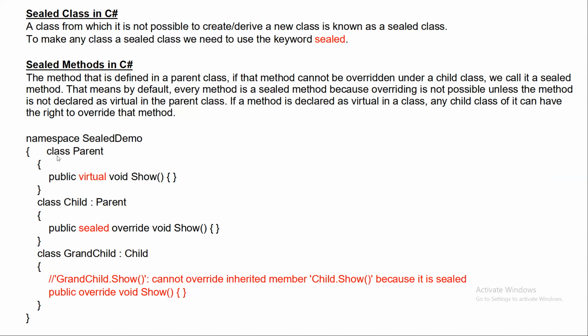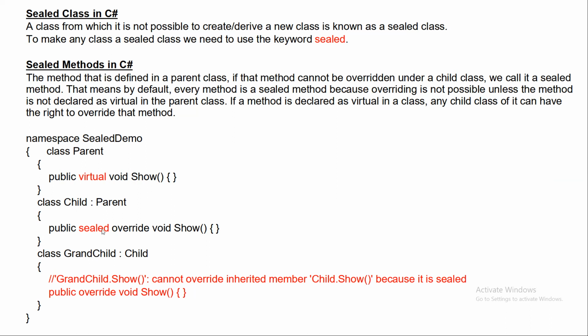If you see here in the parent class, my method is show, which is set as virtual. When I inherit the parent class within the child class, it is virtual, so I am allowed to override. So I said override on the show method, and I wanted to stop this method here only. I don't want my further derived classes to use this method, so I said sealed.